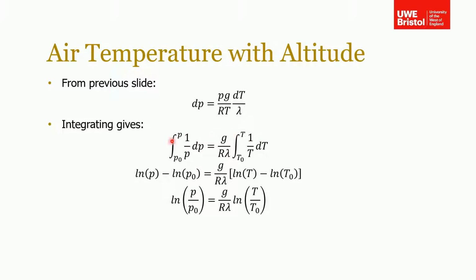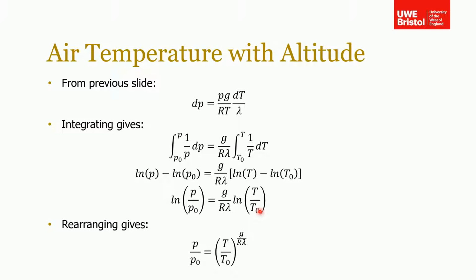So can we return to this? If we integrate between the bottom of our layer and the pressure we're interested in, and again integrating between the temperature of the bottom layer and the temperature that we're interested in, then if you run through this integral, and I recommend you do it just to prove it to yourself, you end up with this relationship. Okay, so we have the natural log of the pressure at our altitude divided by the reference pressure equal to this constant times the natural log of the temperature that we're interested in over our reference temperature.